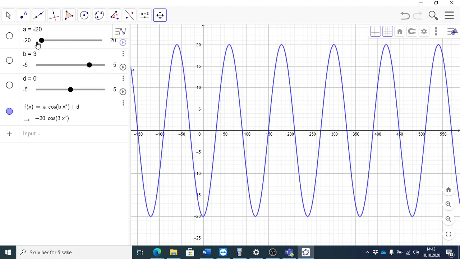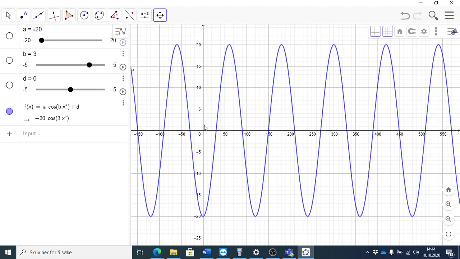So that's the amplitude. And we have 3 inside the parenthesis here, so cosine of 3x, which means that there are 3 periods in a 360-degree cycle. So from 0 to 360, there are 3 periods. So to find the period length, we could divide 360 by 3.